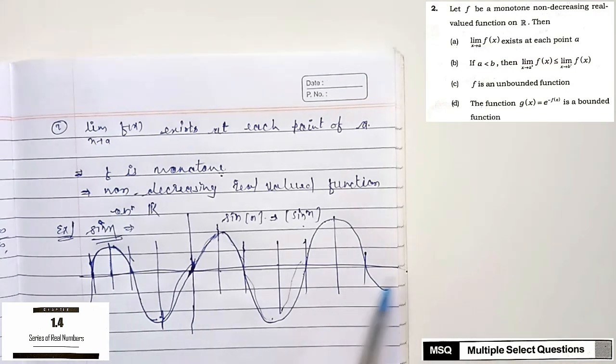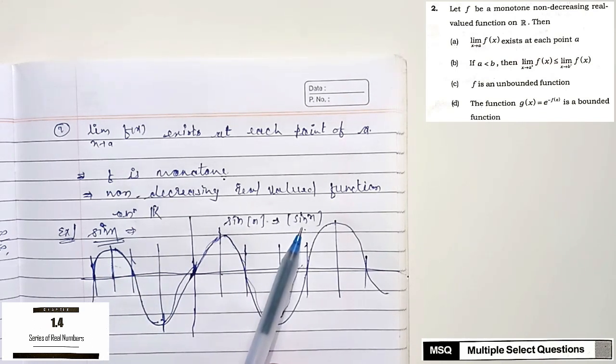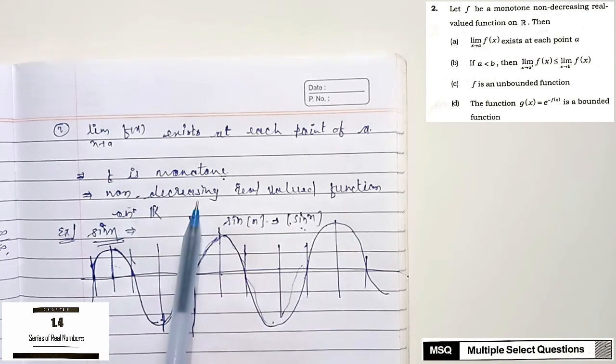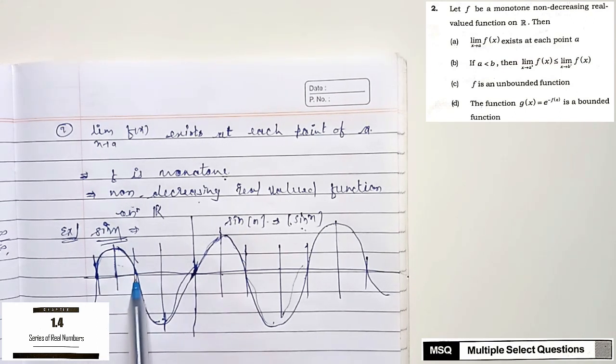Now as we observe, the greatest integer function of sin x is monotonic. It has the monotonic property. It is non-decreasing, so you may see that sometimes it is increasing, sometimes it is decreasing.